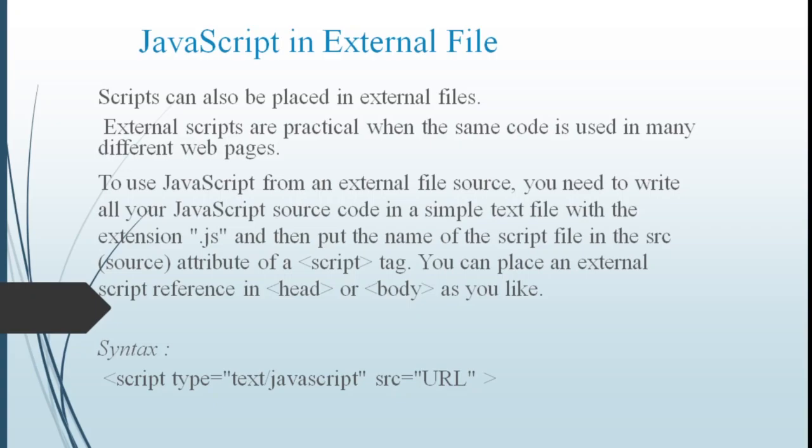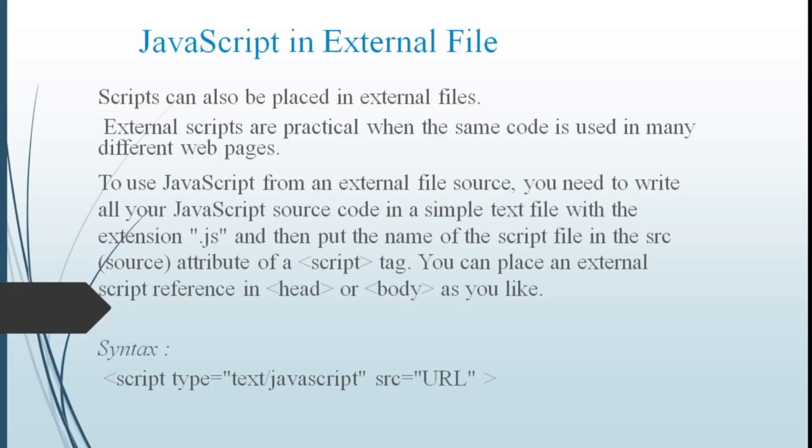Placing script in an external file has some advantages. It separates HTML and code. It makes HTML and JavaScript easier to read and maintain. Cached JavaScript files can speed up page loads. External scripts are practical when the same code is used in many different web pages.